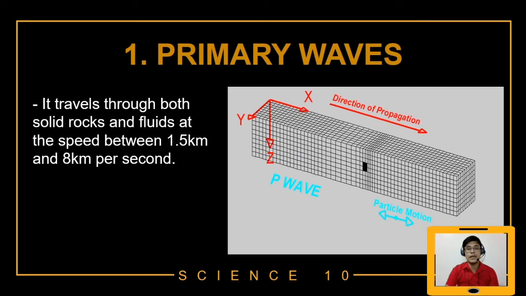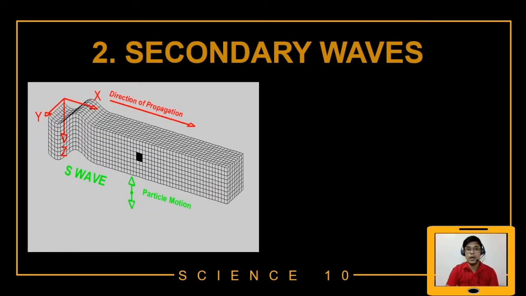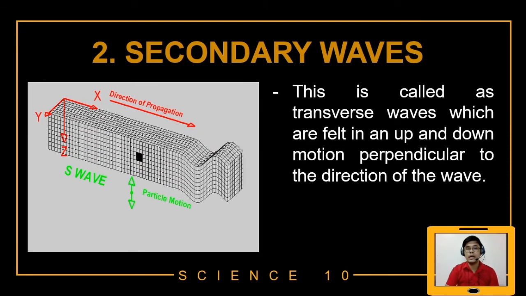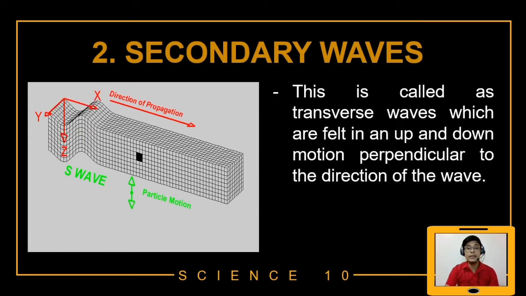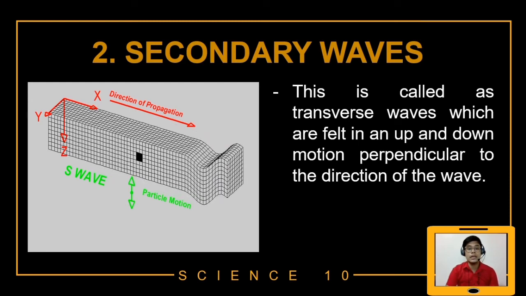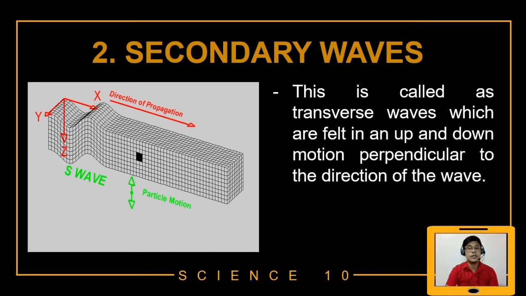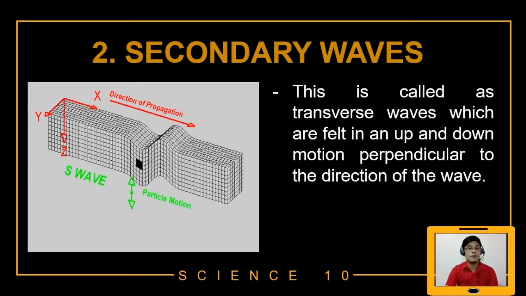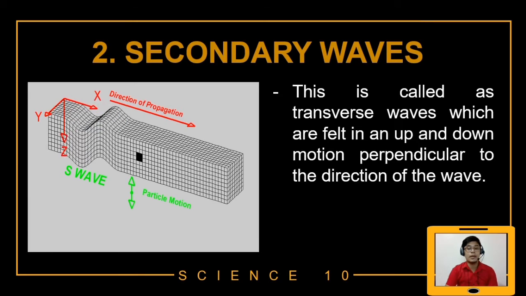That's the primary waves. And let's have the second type of body wave, which is the secondary waves. Secondary waves are also called S-waves, also known as transverse waves, which are felt in an up and down motion perpendicular to the direction of the wave. And as you can see in this GIF, it shows how these transverse waves are felt in an up and down motion perpendicular to the direction of the propagation.